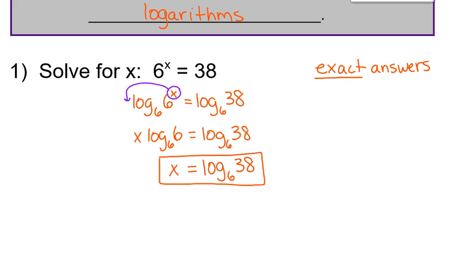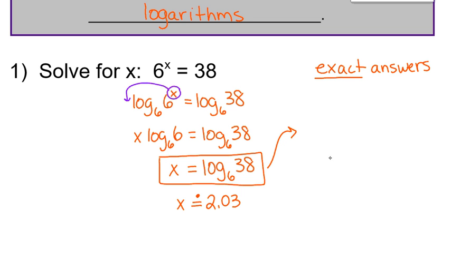I think we've already looked at using log base buttons on our calculator. So if your calculator is able to do log base 6, that's great. Just type it in and you get the approximate answer of 2.03 if you round to the nearest hundredth. Now if your calculator is not able to do log base 6, there is something equivalent.